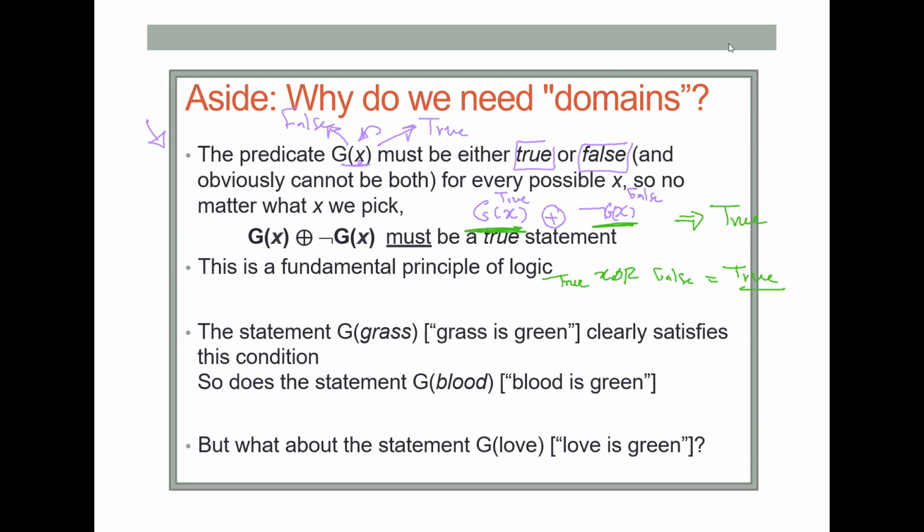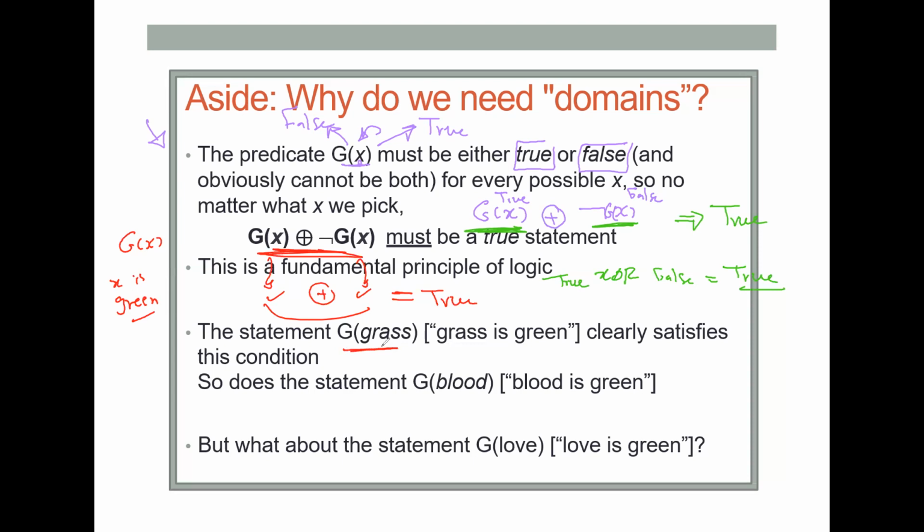For anything to be a propositional logic, how do we make sure that it is one? You go and check this condition: find its true value, find its negative value, do exclusive OR between the two values, and the result must be true. So let's consider the previous example, G of X, where G of X means that X is green.